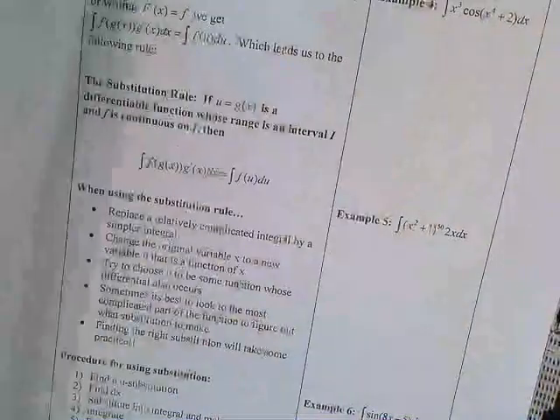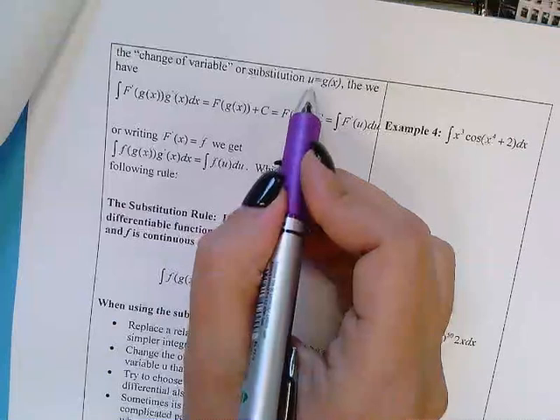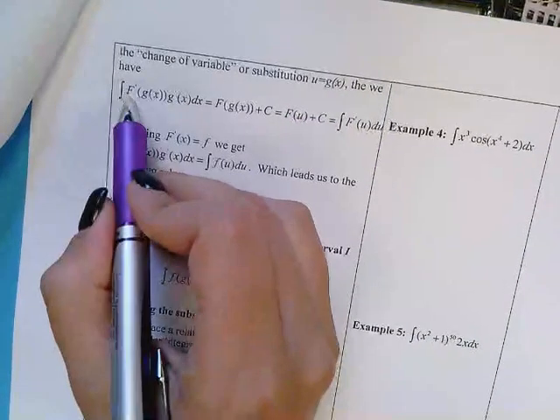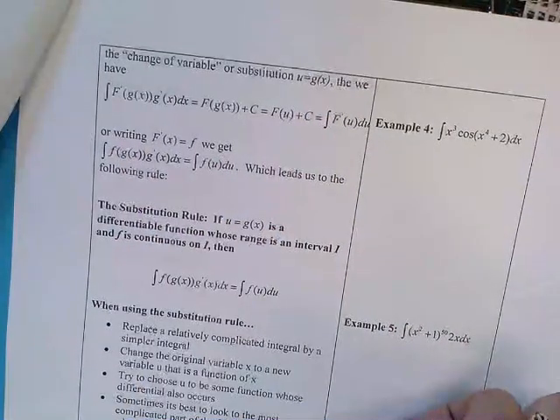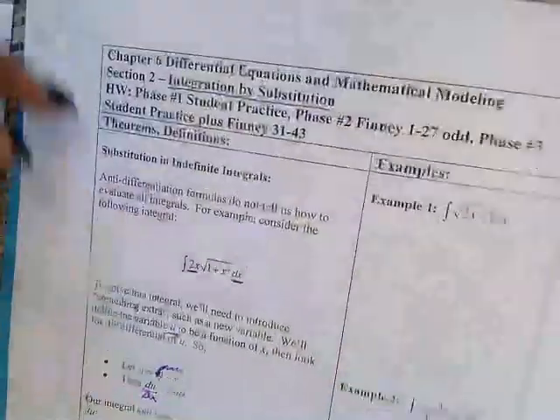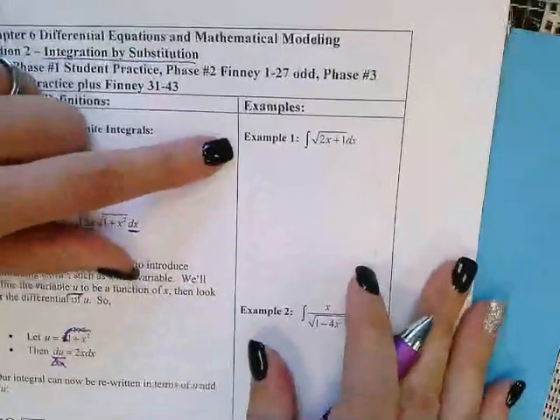Alright, so if we make the change of variable or substitution u equals g of x, then we have the following. Okay, I'll let you guys read this. Let's start off with some examples. So here's our first example.